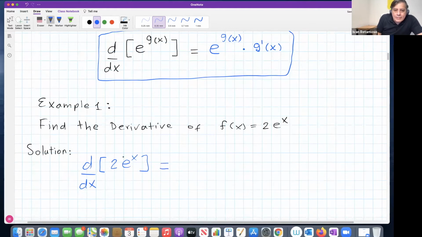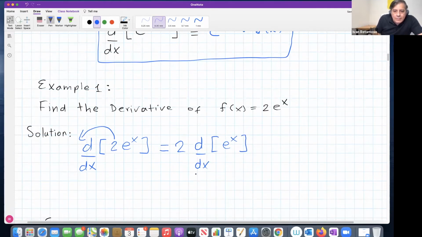Well, notice that this number 2 is just a constant that I can take outside my derivative, right? And I can just focus on taking the derivative of e to the x, right? But what is the derivative of e to the x? Anybody could tell us in the chat or verbally? What is this derivative of e to the x?